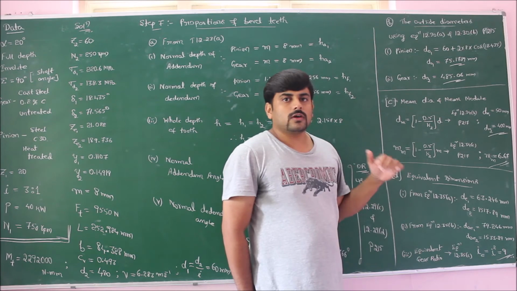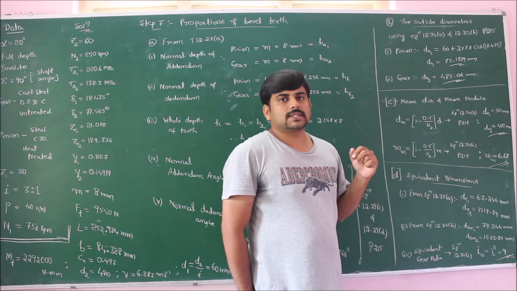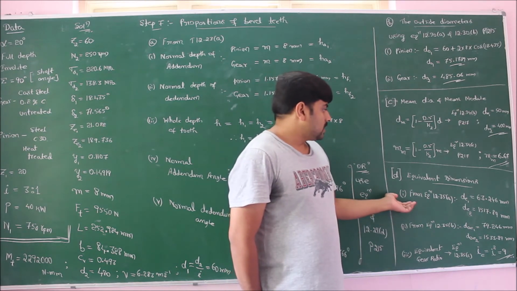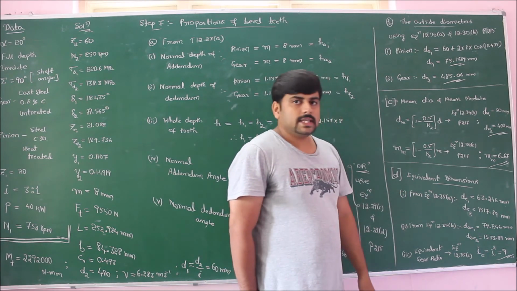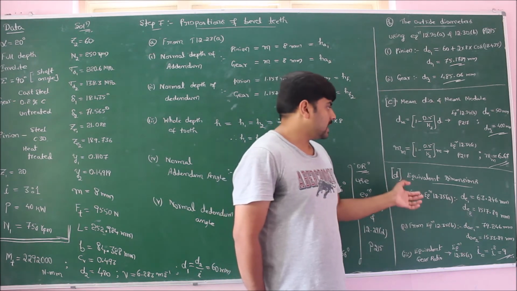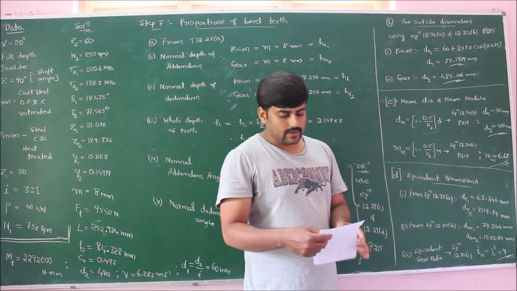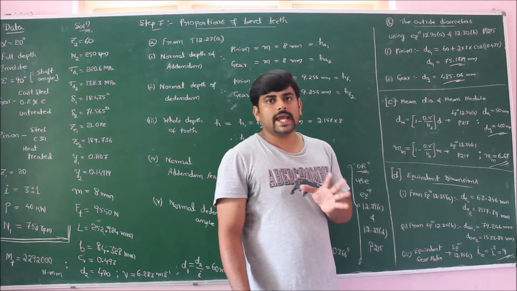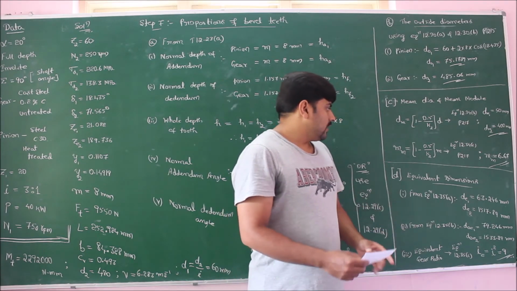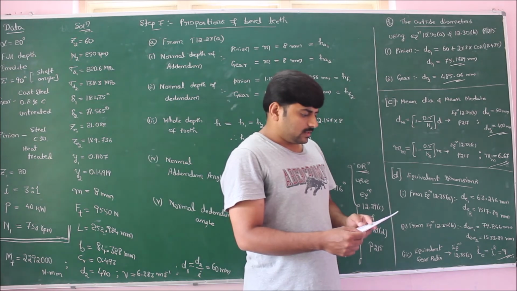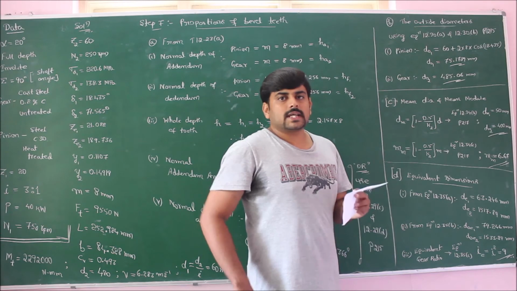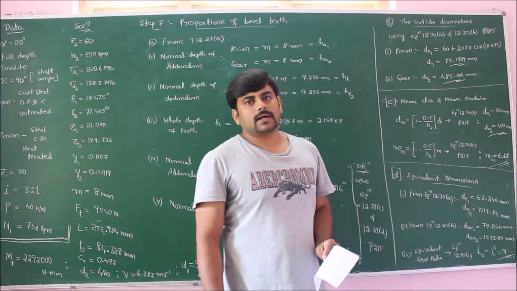Next, moving on to the fourth parametric dimensions which we should calculate, the equivalent dimensions. Using equations 12.35a, 12.35b, 12.35c, we should calculate the equivalent dimensions, which are available on page number 218. Coming to equation 12.35a, the equivalent diameter is given by d by cos delta.